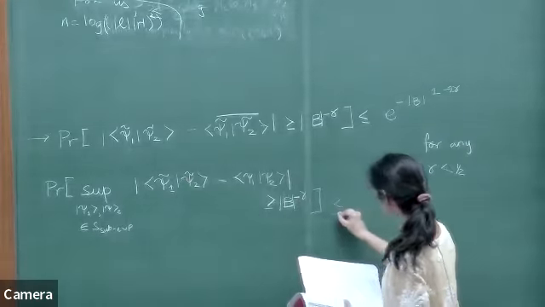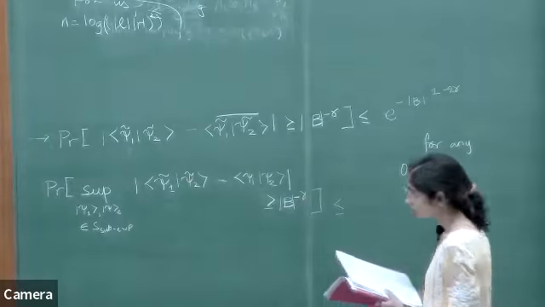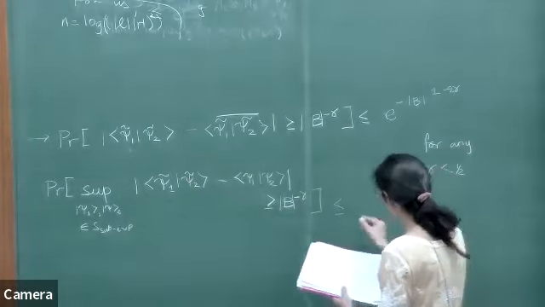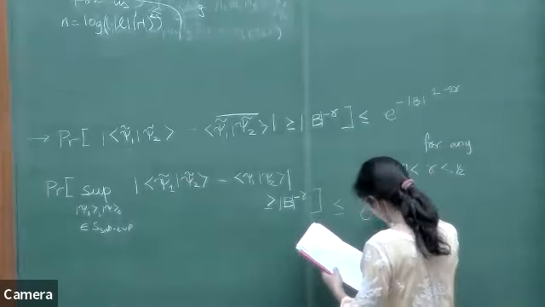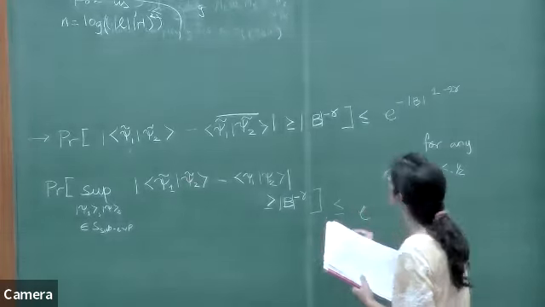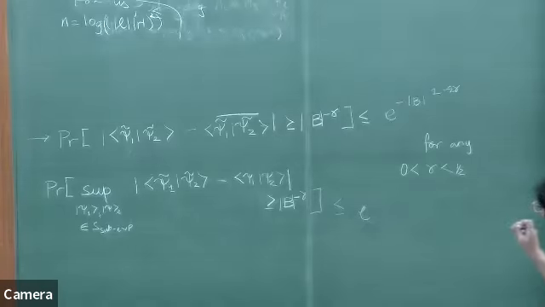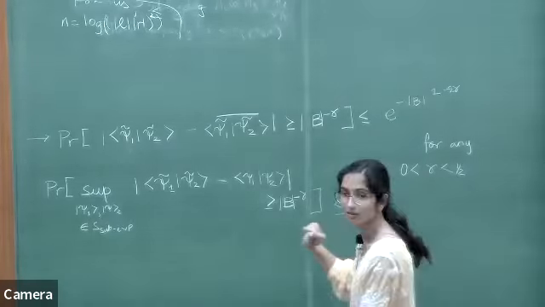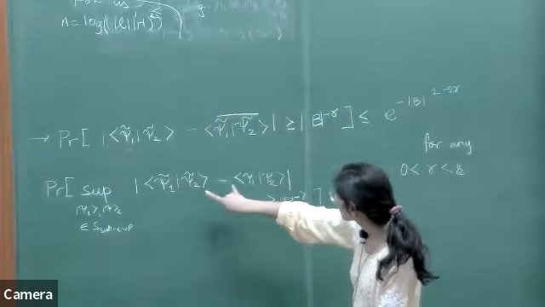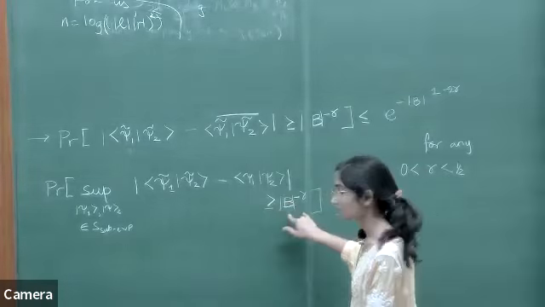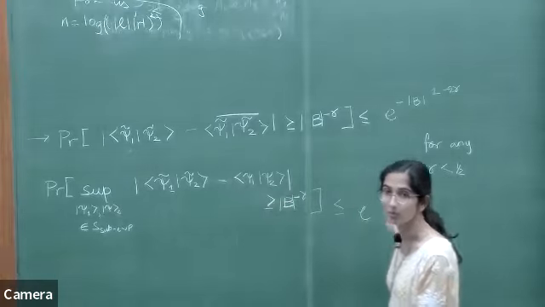Then I can just use the union bound for this, and I get a factor which looks like e to the... sorry, I'm just saying that it's the probability that any of these is bigger than this. For this, I can just add the individual probabilities.